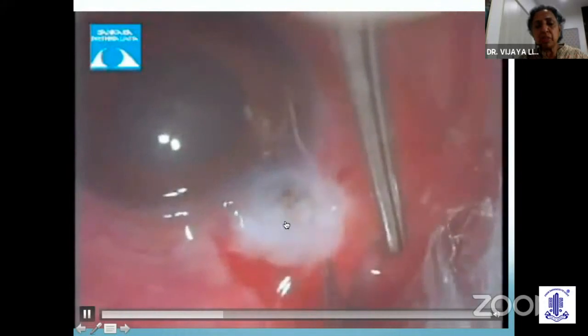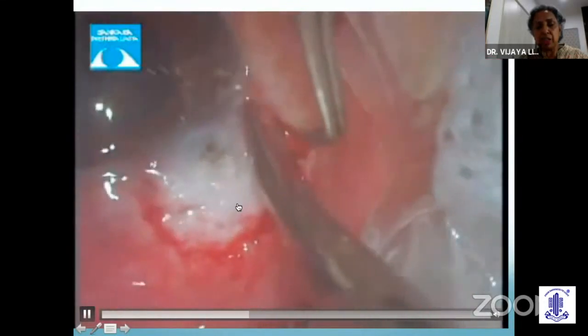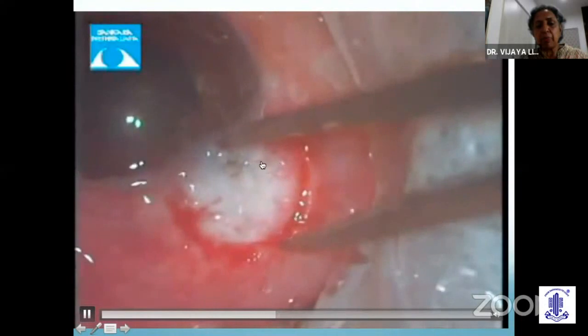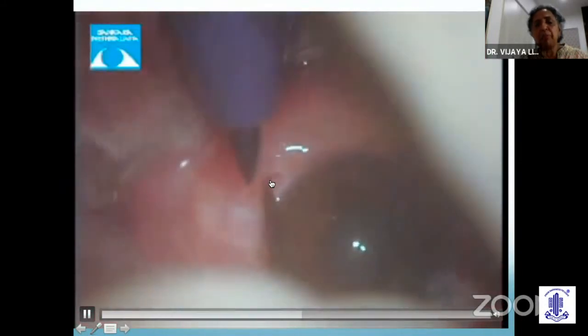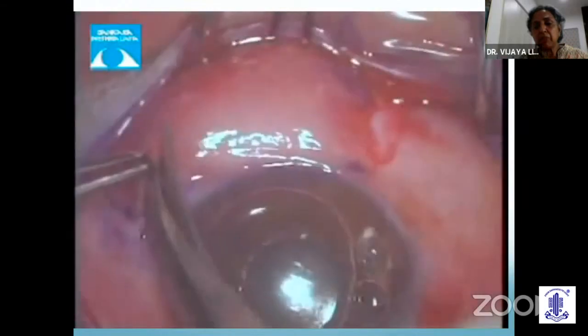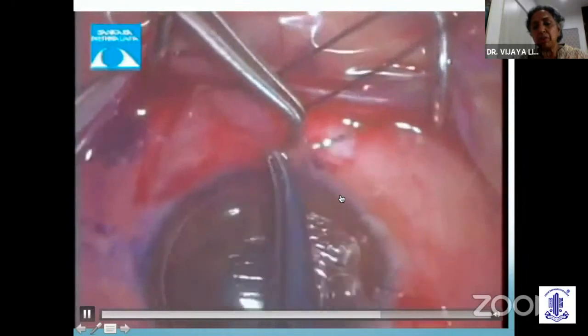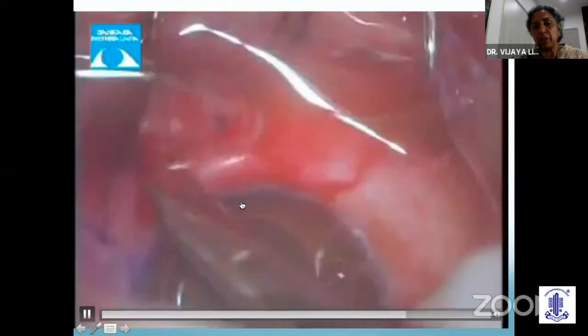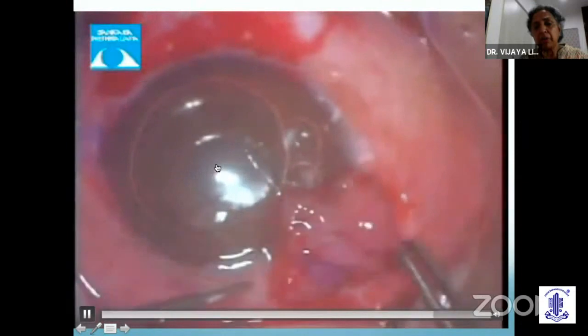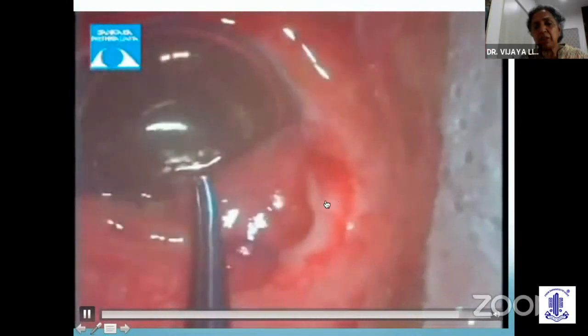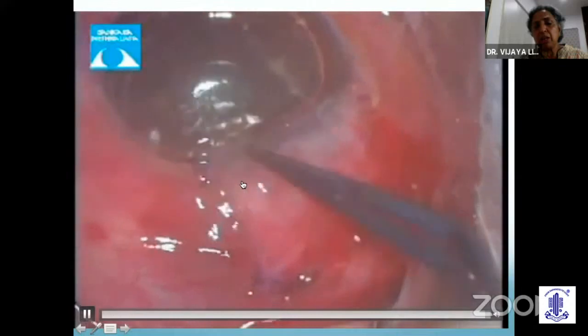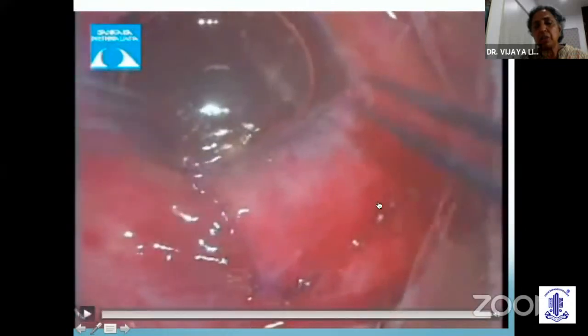So after excising the bleb, if there is necrosis of the sclera, you may have to reinforce the sclera either with the partial thickness flap from adjacent to it or the donor sclera, and undermine the conjunctiva well and take a little larger than what you have dissected superiorly, the conjunctival autograft from the inferior quadrant, place it limbus corresponding to the limbus, and using 10-0 nylon sutures, you close it tightly. And one advantage with this is your bleb function will not get compromised.